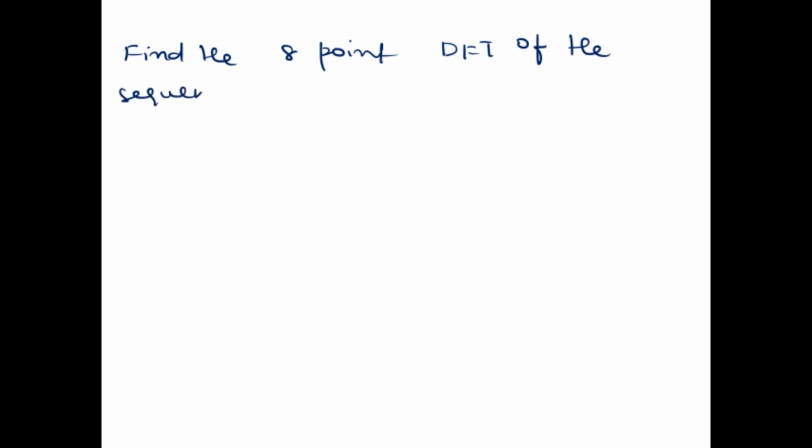Next, we'll solve one problem on this. Find the 8-point DFT of the sequence x of n is equal to 1, 1, 1, 1, 0, 0, 0, 0.